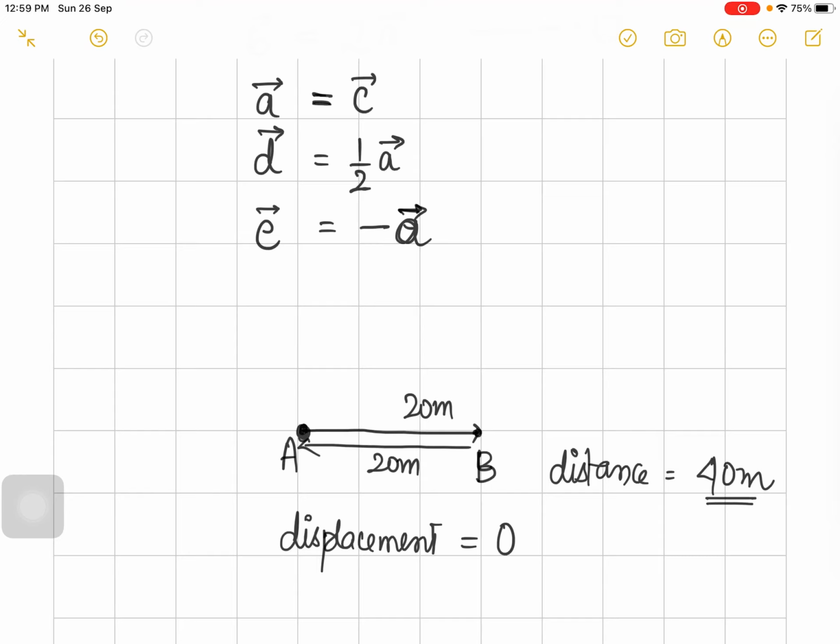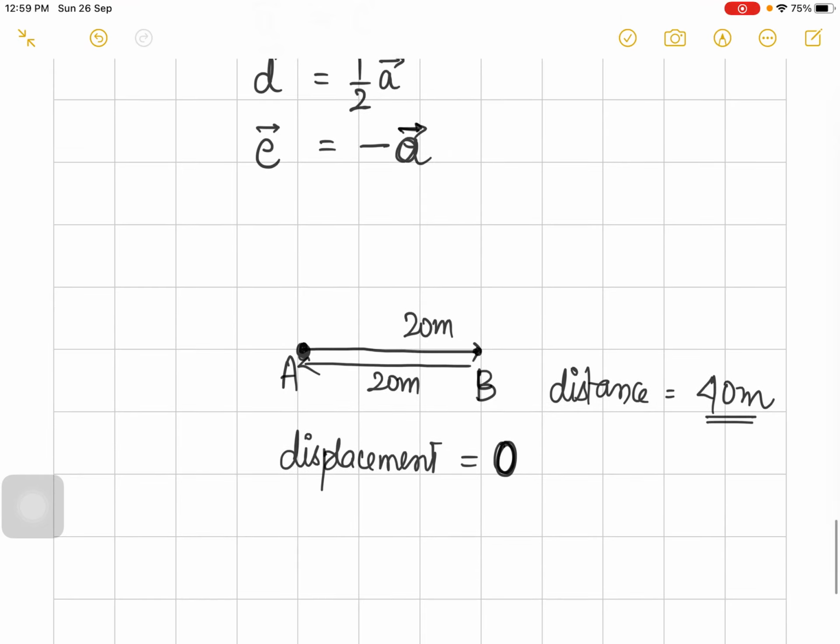So there's no movement actually. We say that displacement is zero, but how do I assign a direction to this? That can become a challenge. If I'm claiming that displacement is a vector, how do I assign a direction to this zero displacement? So we will say that displacement is zero with a direction random.